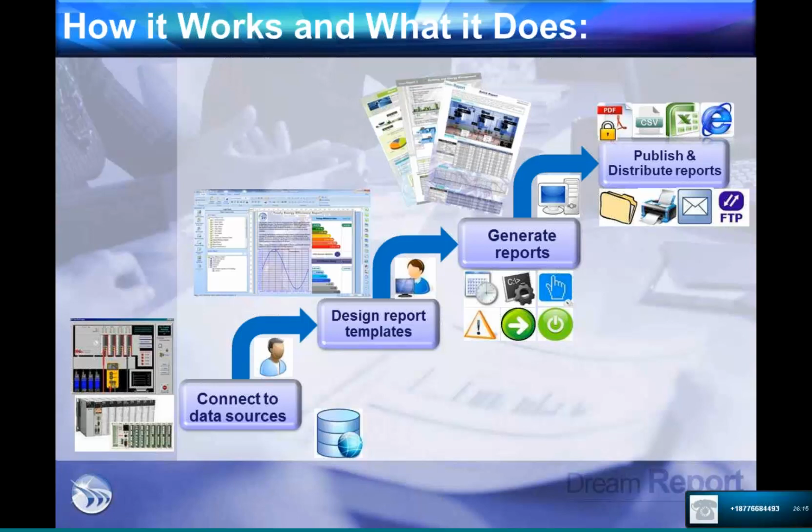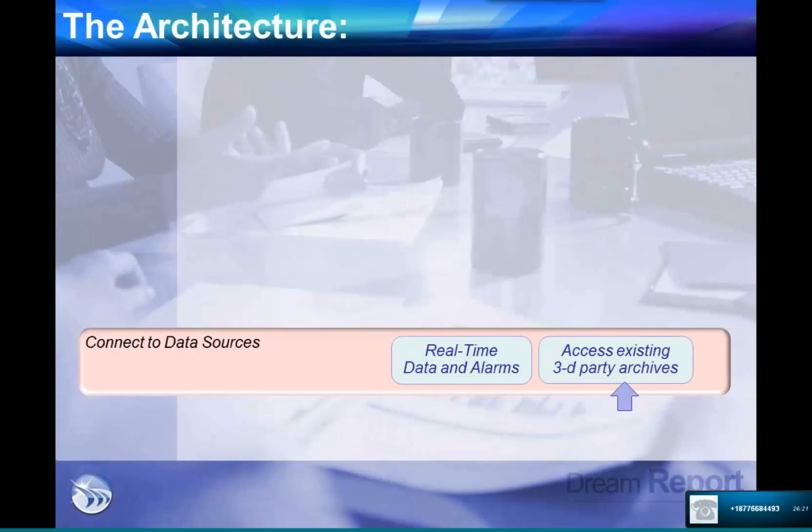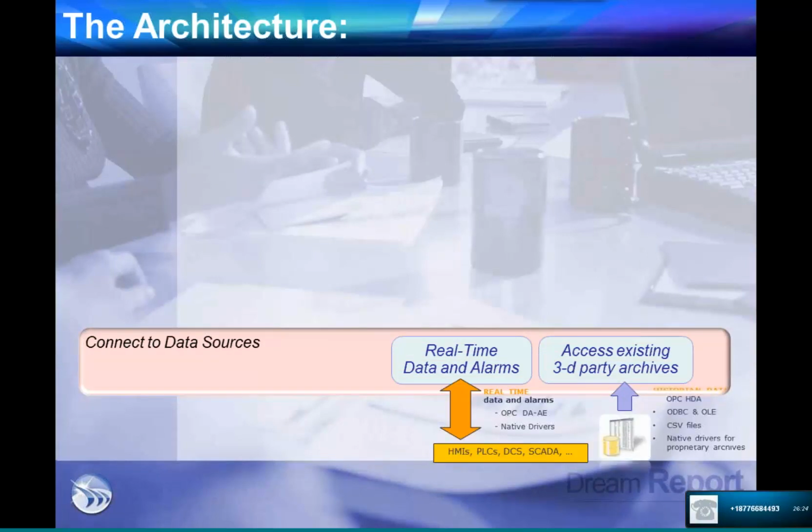So the architecture of the product is the following. First of all, we create communication to different data sources. In our case, it's InduSoft Web Studio, where we can communicate in three main ways. We can retrieve online, real-time information from InduSoft Web Studio and store this information inside the Dream Report database.